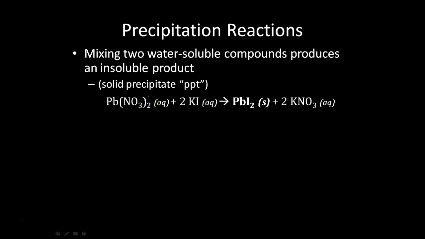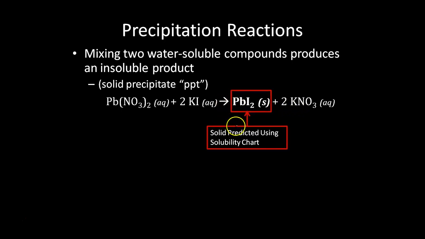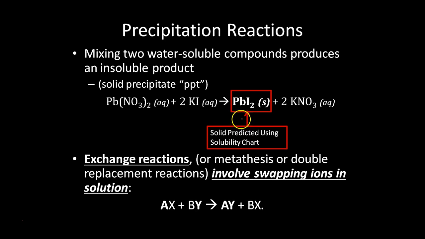In this case, we have our complete chemical reaction here: lead nitrate plus 2 potassium iodide goes to form lead iodide and 2 potassium nitrates. The 2 potassium nitrates are shown over here. And if we consider this solid right here, it is our product, the only solid product there.